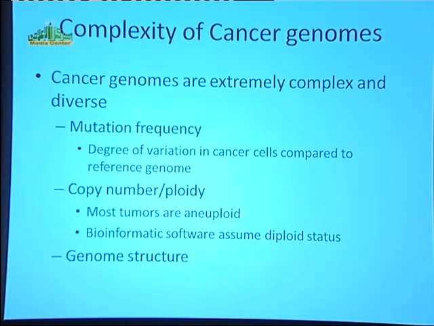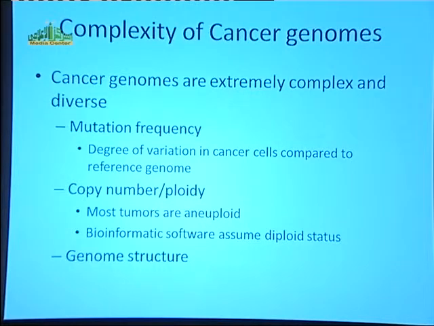If you're looking at a simple inherited disease, essentially you're looking for a single change relative to a reference sequence. However, in cancer, given the genetic instability of that disease, there are many, many mutations that are to be identified and validated against a reference sequence.